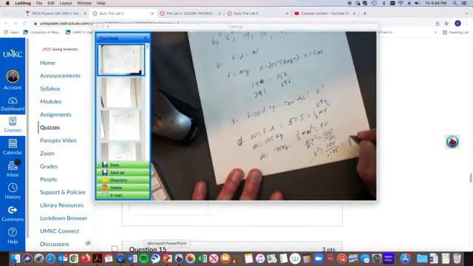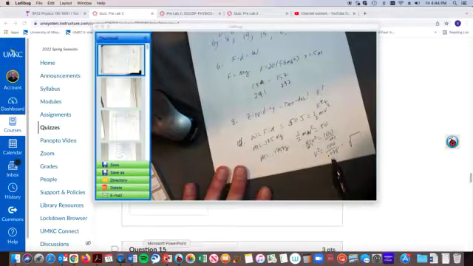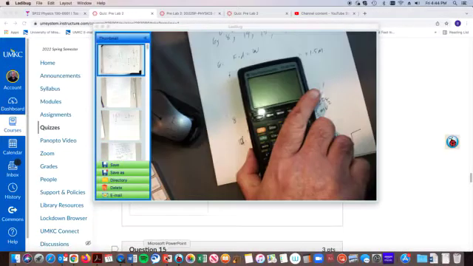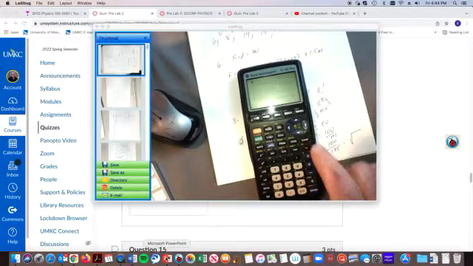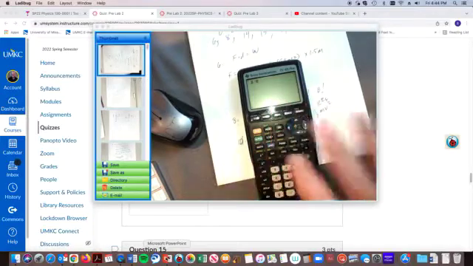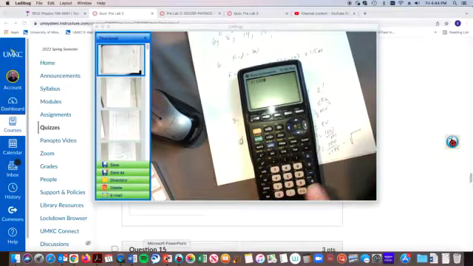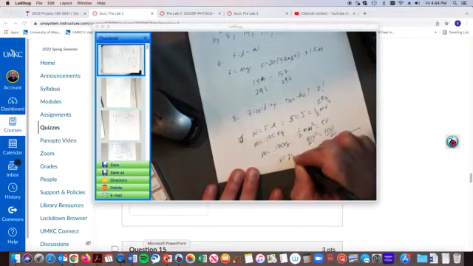If your calculator's like mine, you can do it all in one step: the square root of 100 divided by 0.175. We'll close that parentheses, boom. Yep, 23.9. V is 23.9 meters per second.